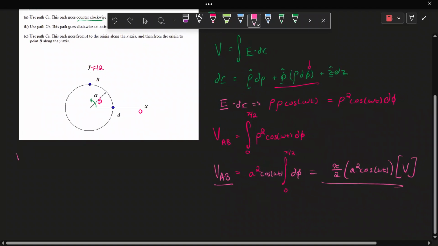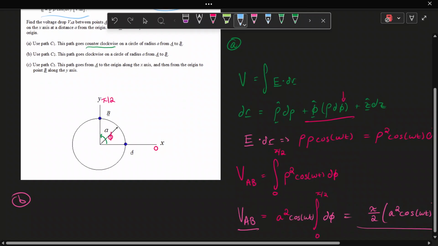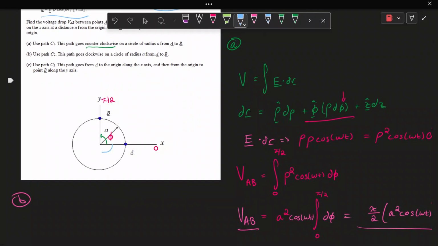Now part B, instead of the counterclockwise direction, we're going the clockwise direction from A to B. So now we're starting at 0, and we're still going to end up at pi halves, but now we're going in the negative direction for the unit circle. So what is the integration going to be?